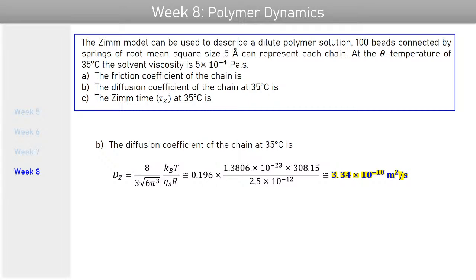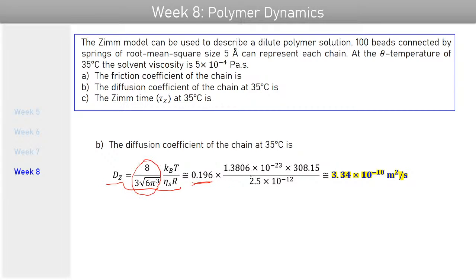For that, again, the expression was not really derived but stated during the course. So this is the expression for the diffusion coefficient in the Zimm model, and approximately this factor here is 0.196.